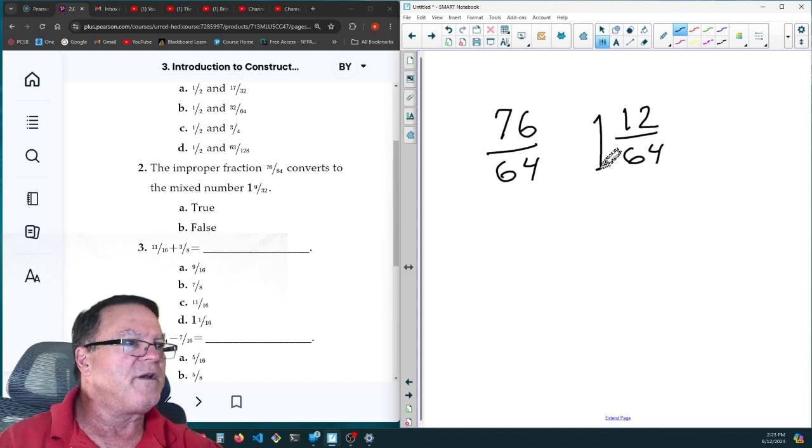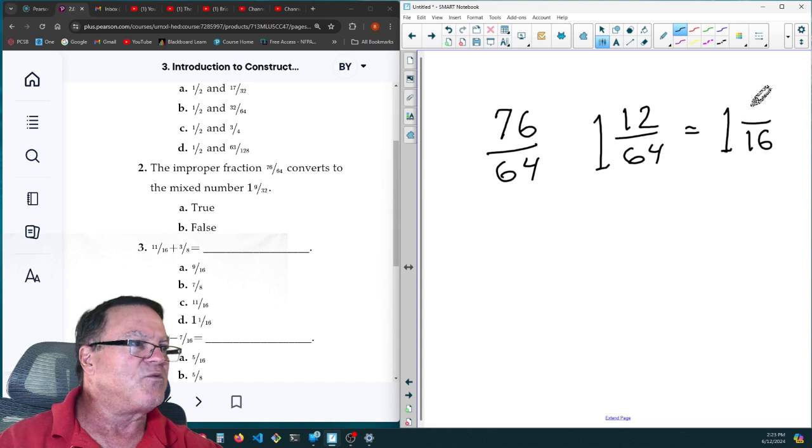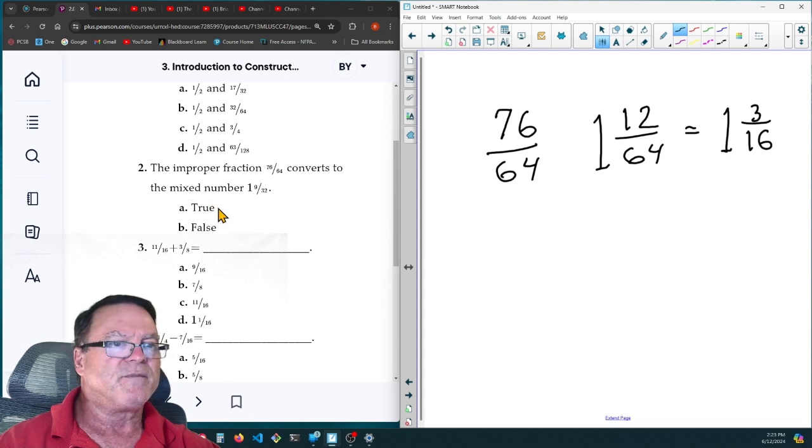So this equals 1 and 12/64. But 12 is divisible by 4, and 64 is divisible by 4. So this equals 16, and 12 divided by 4 is 3. So 1 and 3/16. So they said 1 and 9/32, so the answer is false.